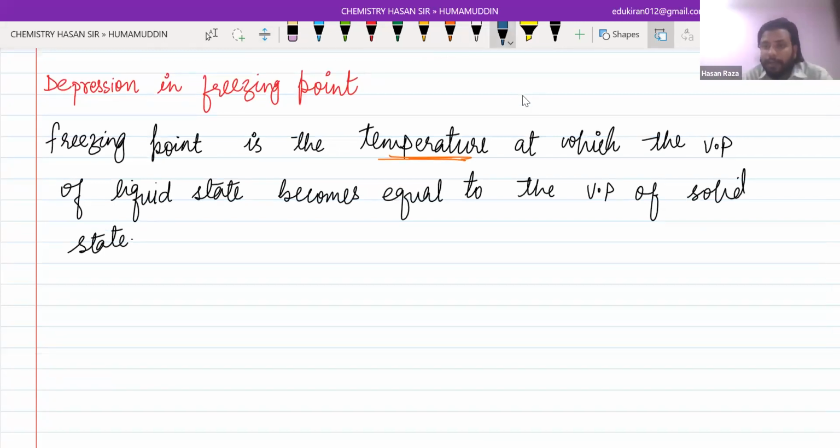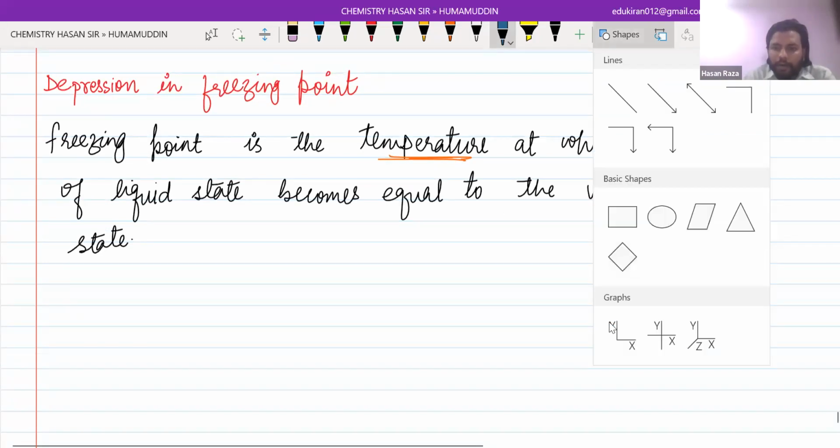That means if water, the volatile solvent, initially freezes at 0 degree centigrade, then after adding a non-volatile solute, the freezing point of the solution will decrease, and that is called depression in freezing point.